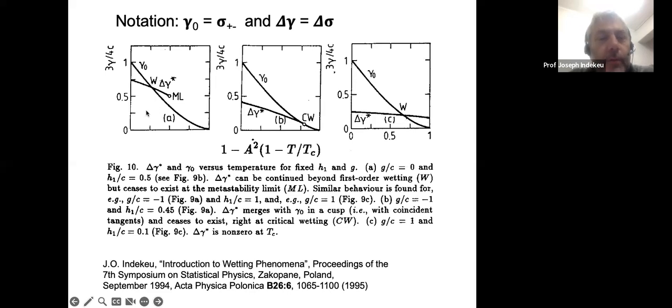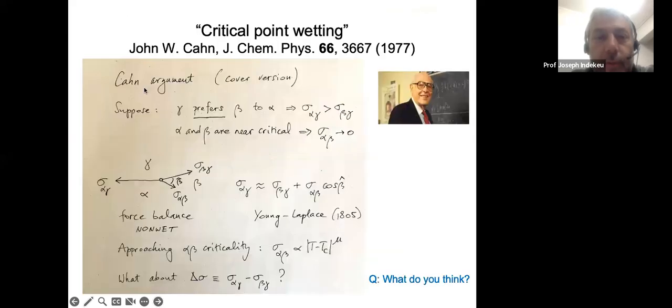Now, in the first figure, we have chosen the surface parameters and the temperature in such a way that we encounter a first order wetting transition. And you can see that we encounter a first order wetting transition because the delta gamma star, as long as it is below gamma 0, so let's go back to the equations.